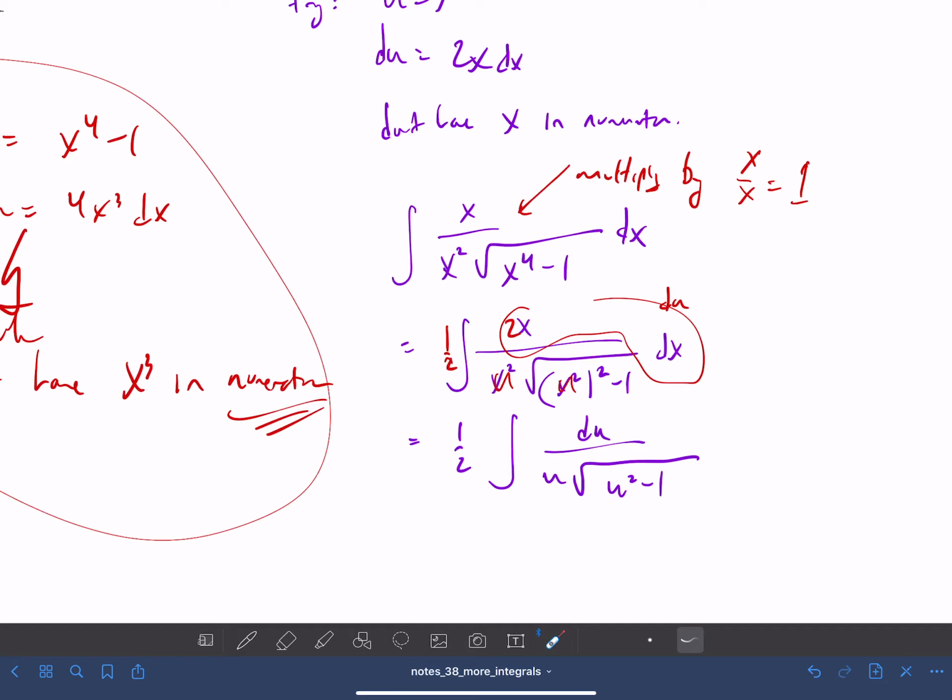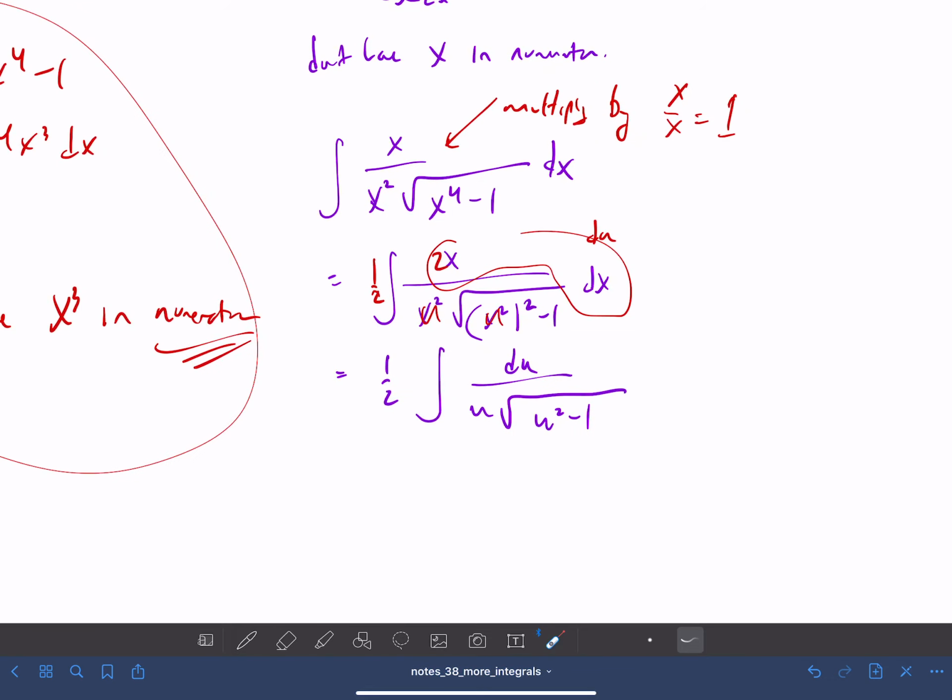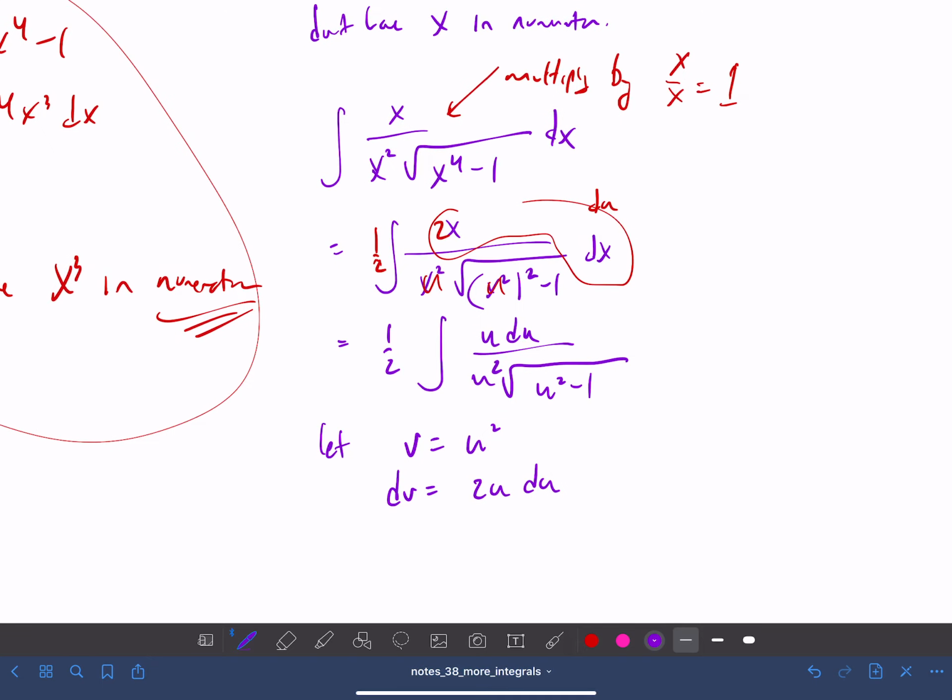What if I do that again? What if I go u and put a square there, and then I let v equal u squared, so dv equals 2u du, and then I put a half and a 2, that's dv.